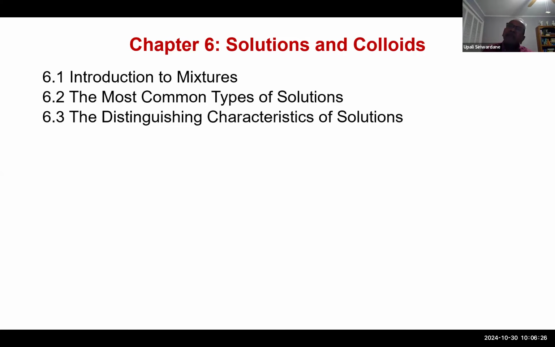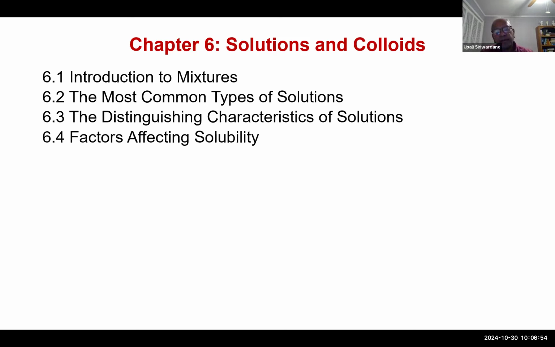Colloids are solutions that are opaque, like milk. That's not a true solution because it's not transparent. It's opaque. So we talked about various characteristics of homogeneous mixtures.